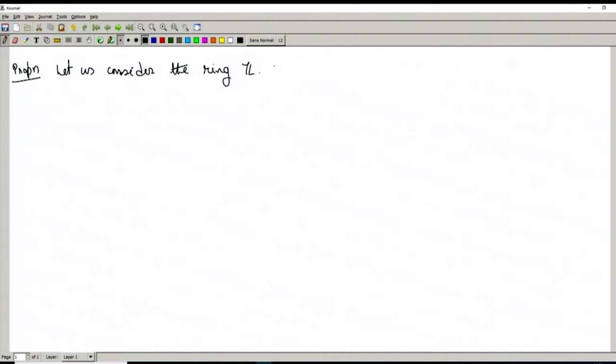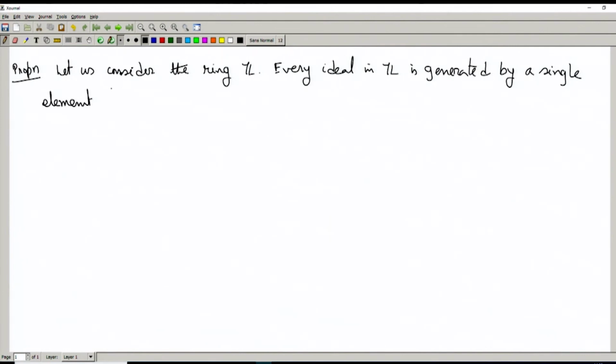We will see that every ideal in Z is generated by a single element, and it is of the form nZ for some n in Z. That means every ideal in the ring of integers is nothing but the multiples of some integer n. So let us see how the proof goes.